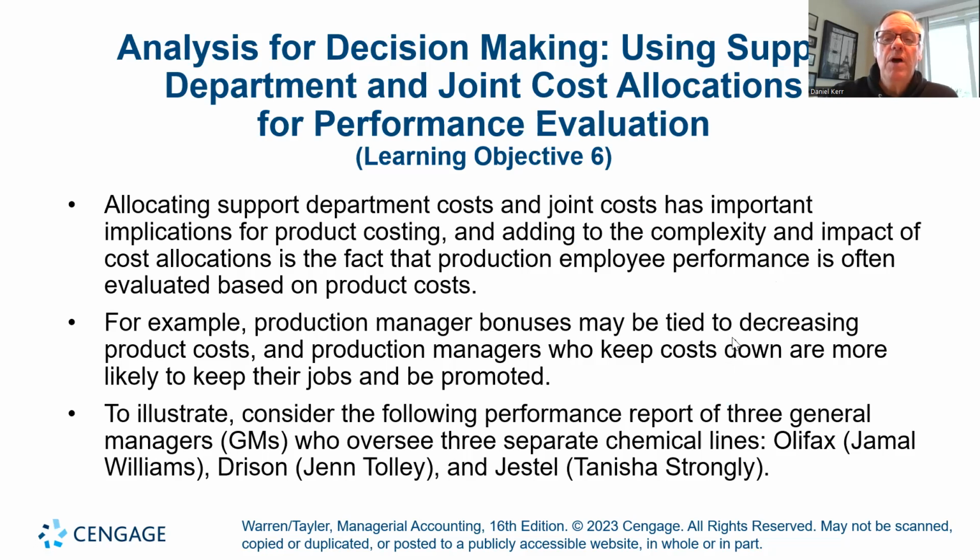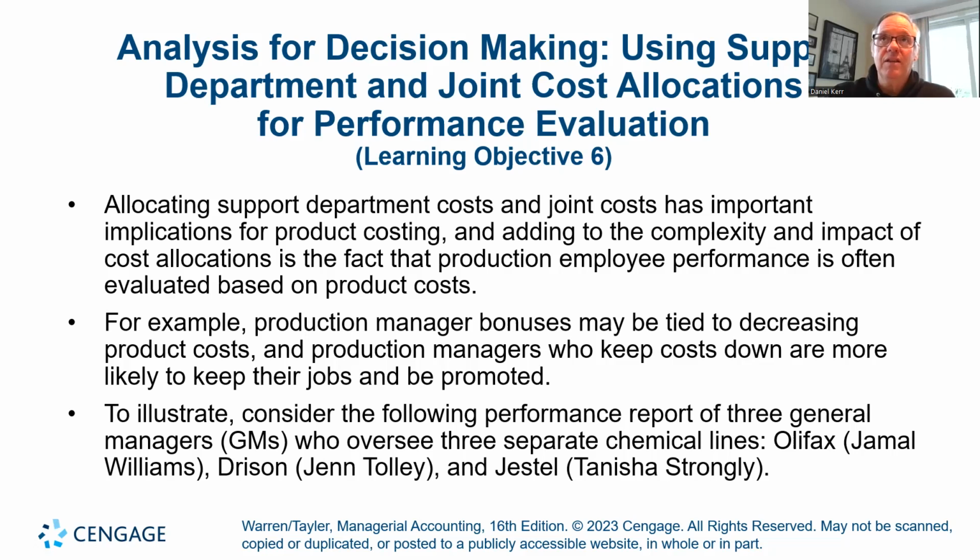And one of the ways that we might measure their performance is on their ability to control production costs. And generally, managers who can keep production costs down, that's a good thing to do, and we might want to reward them for that. So how do we figure out if they're doing a good job controlling costs? Well, we'll put together a schedule where we'll keep track of the direct materials used for their division or their product line.